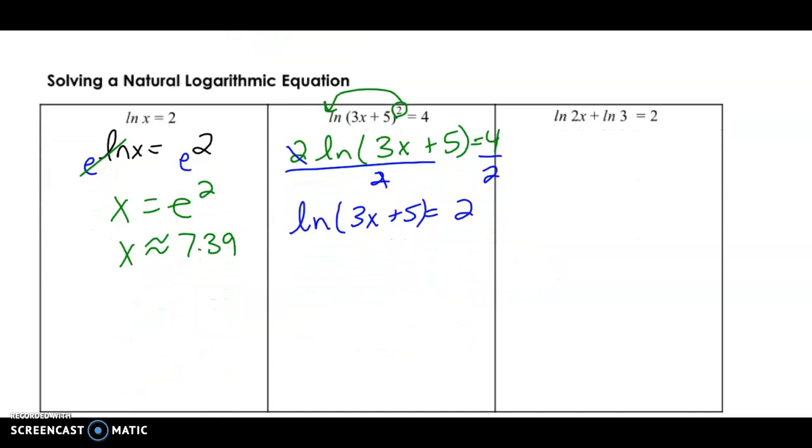Now again, I can raise both sides e to that power. So we're going to get 3x plus 5 equals e squared. We want to get x by itself, so we need to subtract the 5 and divide by 3.